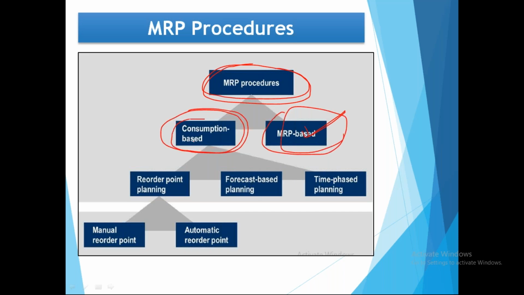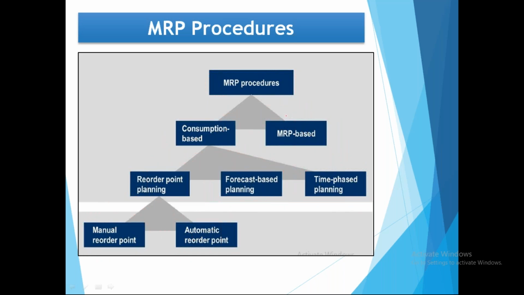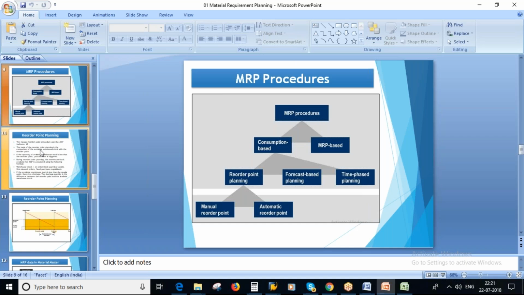In consumption based planning you have three MRP types: reorder point planning, forecast based planning, and time phased planning. We will discuss reorder point planning, manual and automatic. First I will show you how normal MRP works.